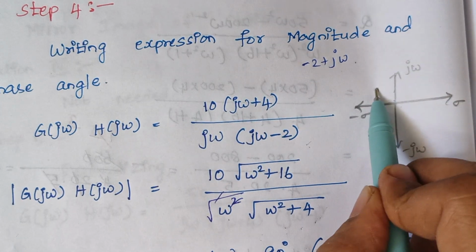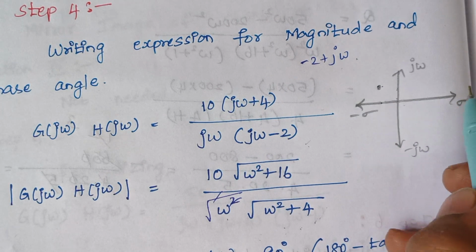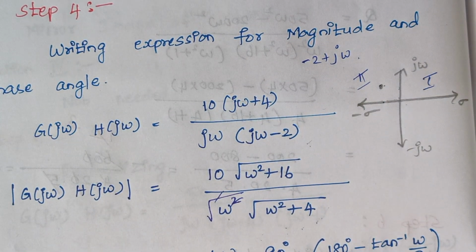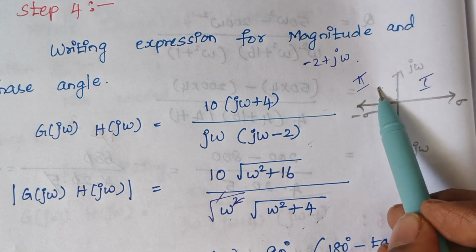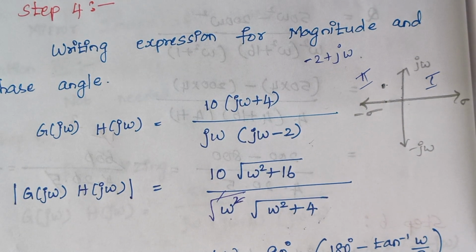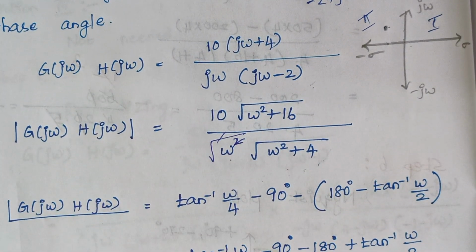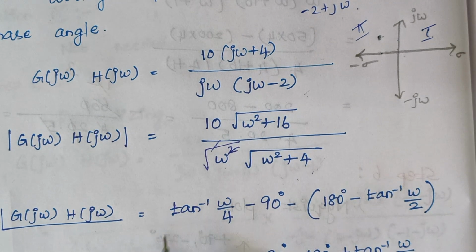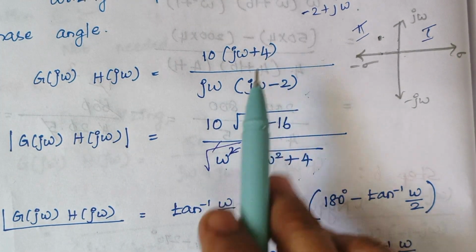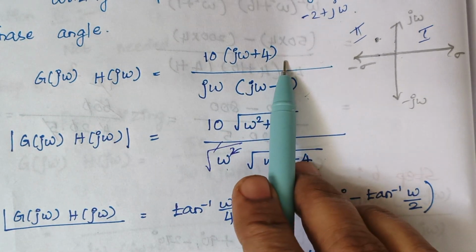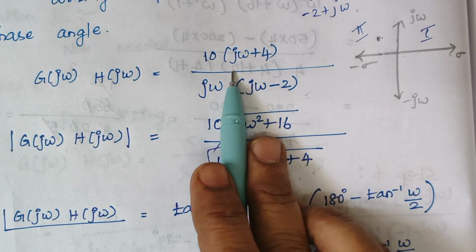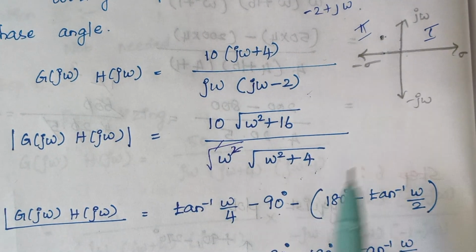Where does this point get located? It is located in the second quadrant. This is our first quadrant and this is our second quadrant. So whenever we have a point in the second quadrant, our phase angle expression gets a bit modified. I'll explain. As usual, we start to write. So here, the phase expression becomes tan inverse of omega by 4, and omega contributes 90 degrees. When I move this omega to the numerator, it becomes minus 90 degrees.